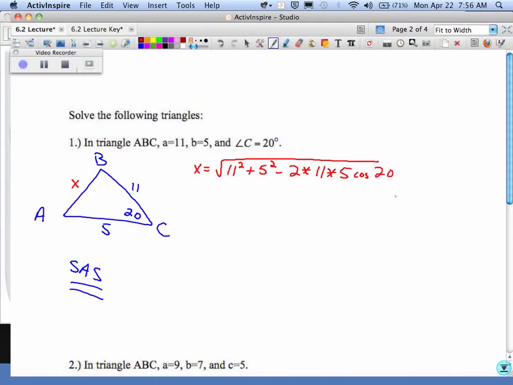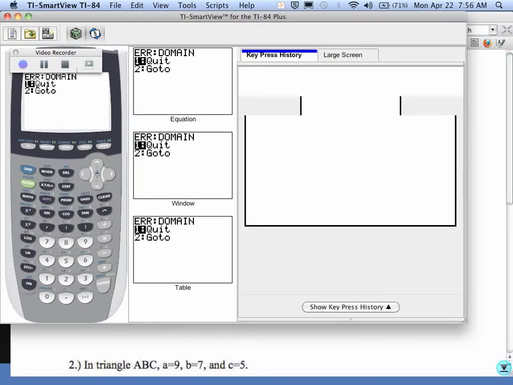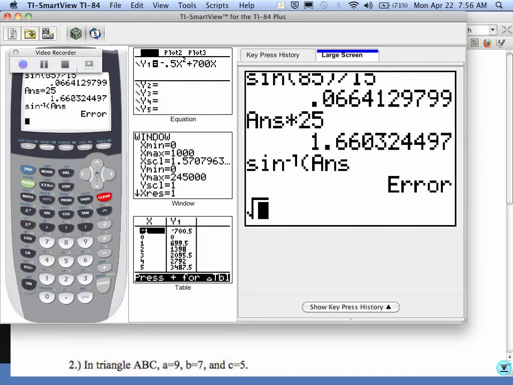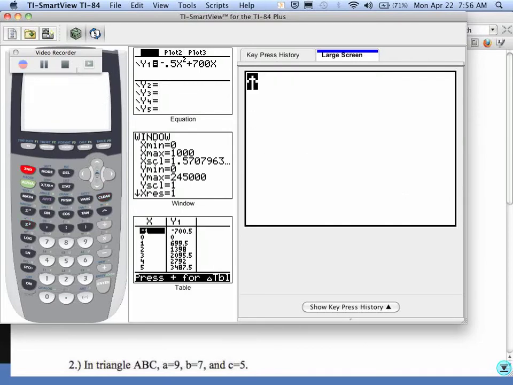So notice that these two things are the ones that are partners. So if I'm looking for side x, I need to know its partner angle, right? The nice thing about the law of cosines compared to the law of sines, I think, is you can just type it all in. I can just go ahead and hit the square root. I can't see my buttons on this thing.